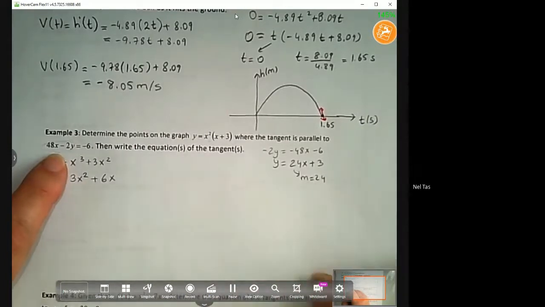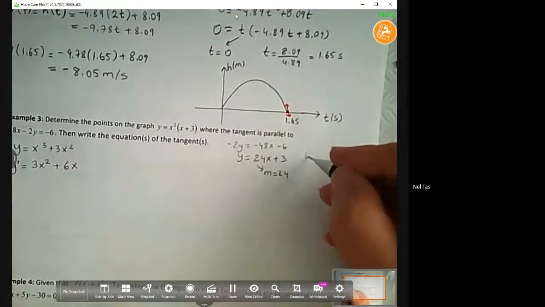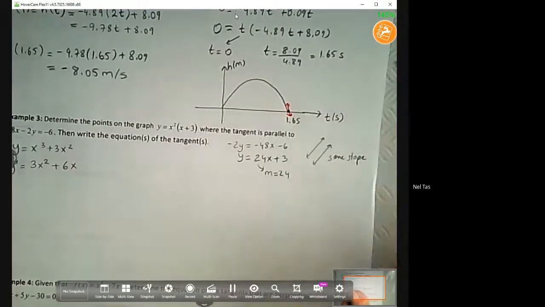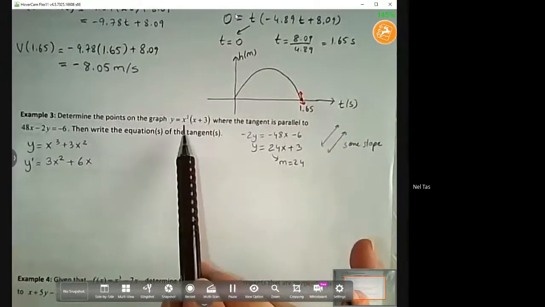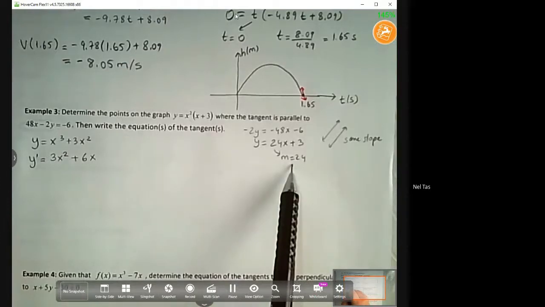Okay, if the lines are parallel, right? Parallel lines have the same slope. So then the tangent or tangents must have the slope of 24.